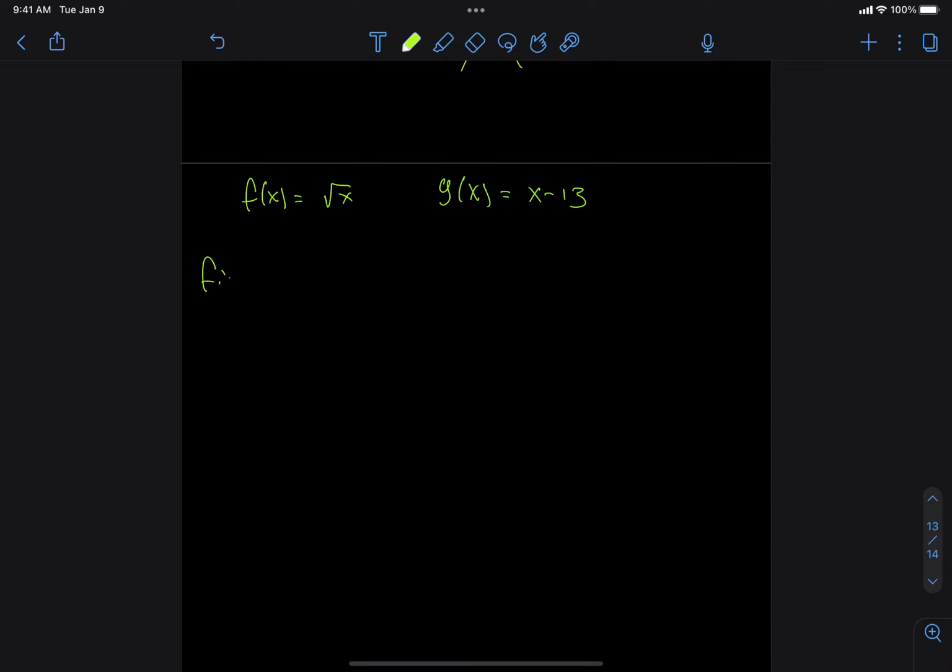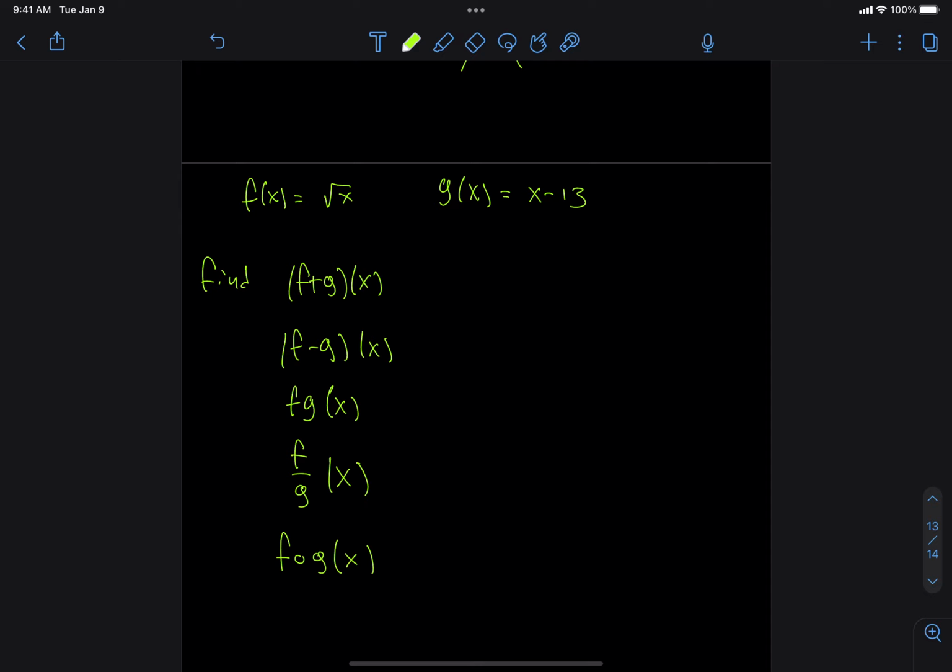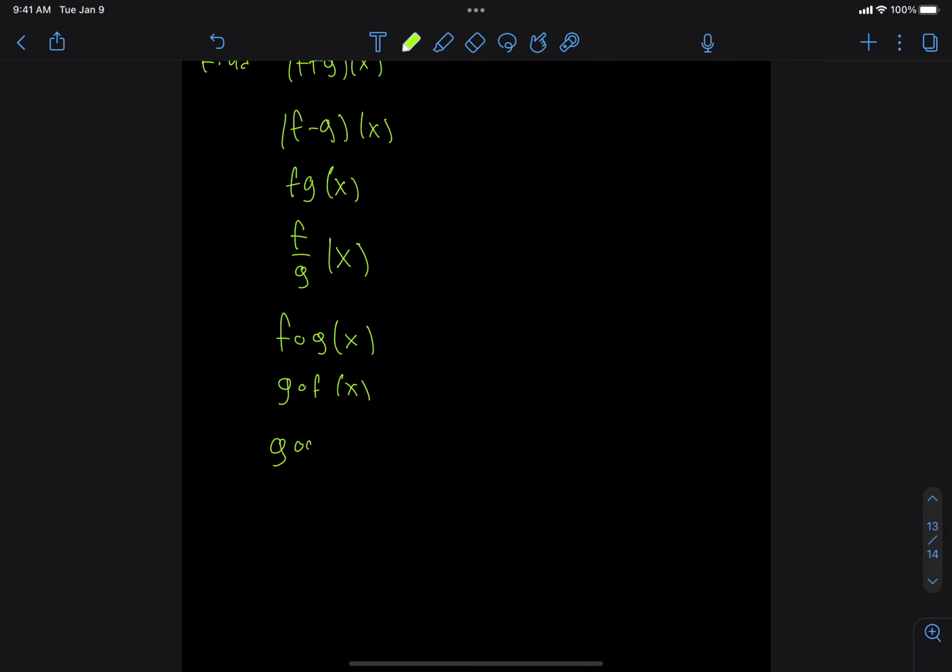And it says find f plus g of x, f minus g of x, f g of x, f over g of x, and we're also going to do f o g of x, and g o f of x, and g o g of x. So, this is where we're going.